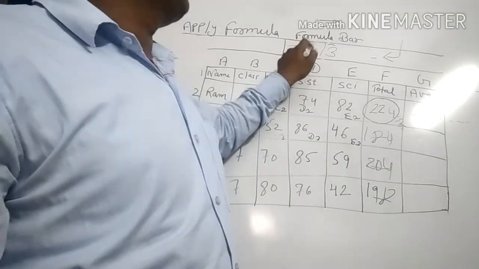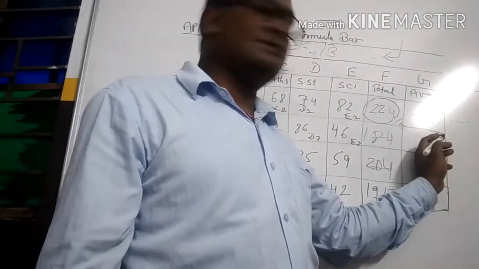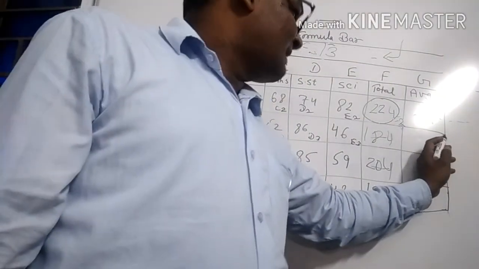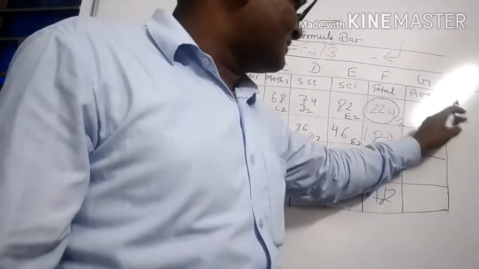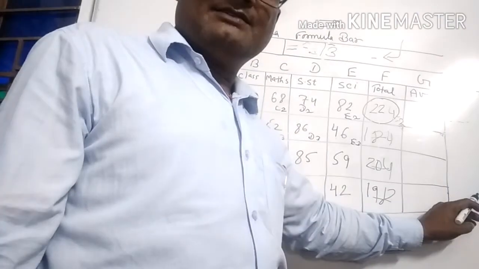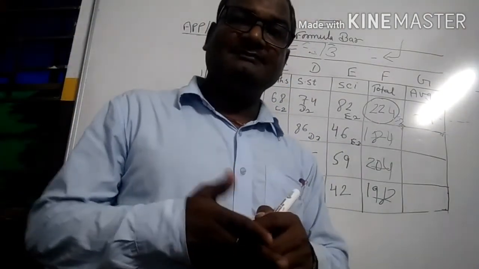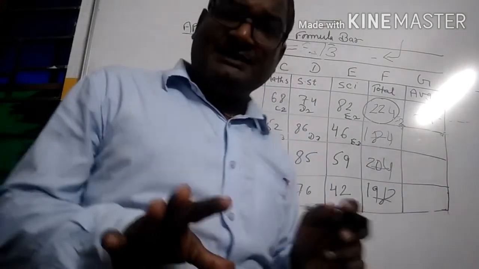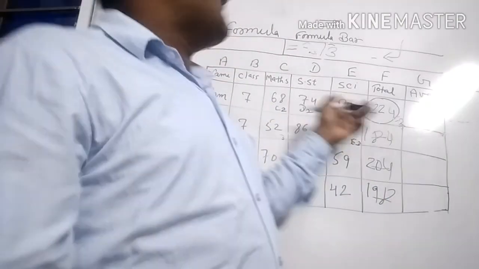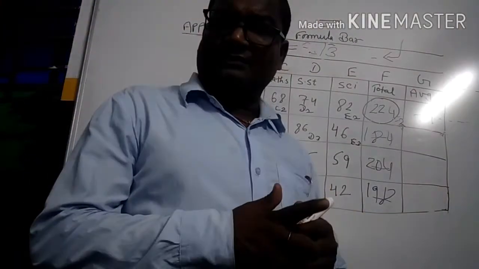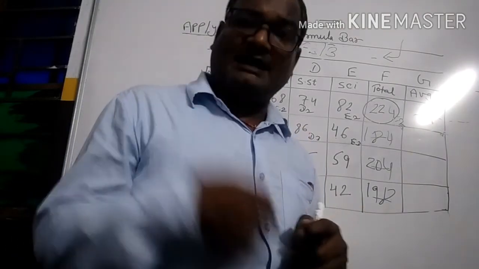So you should write F3 here, but it is not necessary to write it. Just go to the corner with your mouse, and if the plus symbol appears, drag that. All averages will appear on your screen. This is the first way to make the arithmetical operation. Instead of plus, you can do multiply also, minus also, exponential also, and mod also.